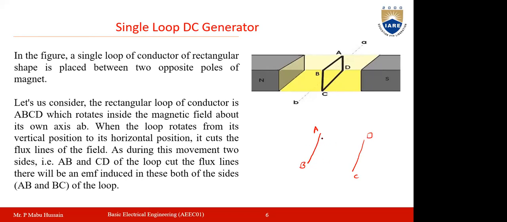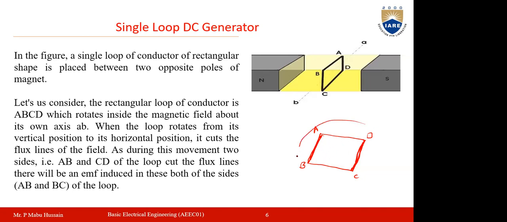We are making one closed loop here. To get the current flowing between the two conductors, there must be a closed path. We are making a closed path by connecting these two conductors like this. It is like a rectangular loop, a rectangular coil you can say, right?